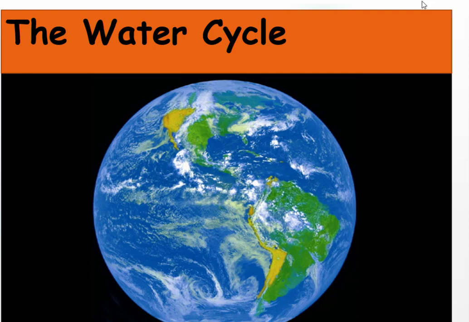The water cycle is powered by energy from the sun and gravity. About 84% of the moisture comes from the oceans and the rest from the land.